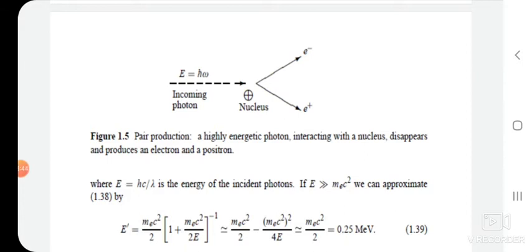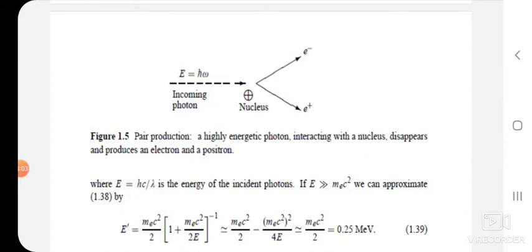If we divide the rest mass energy by the energy of the incident photon, then this factor is very small.